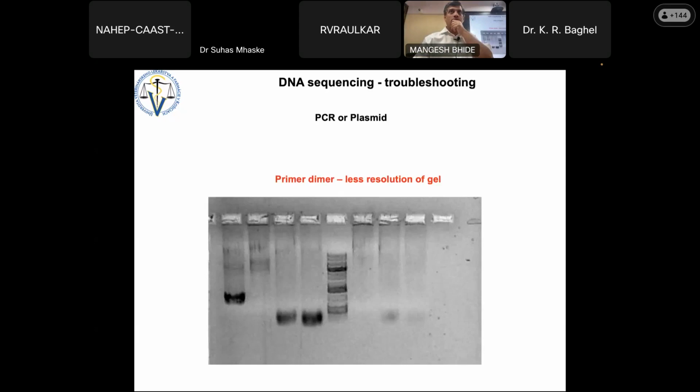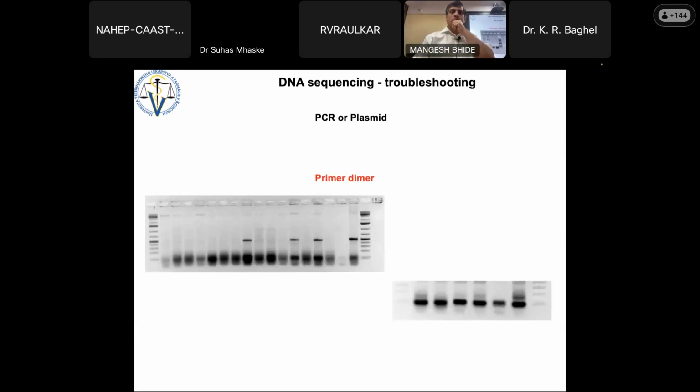That faint banding, the concentration of DNA is low, right? Also, but we will cover that in the next slide. The bright band indicates that your primers are making not a self dimer, but this kind of dimer. If there is a self dimer or hairpin, it will not grow at all; the concentration will not increase.